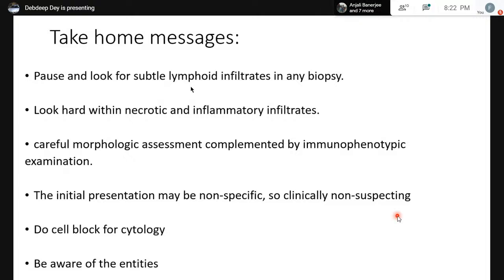The initial presentation may be so non-specific that the clinician might not be thinking, and if you are not aware of the different entities and the modes of presentation, you might not be thinking either. Like a small intestinal perforation. Do cell block for cytology and be aware of the entities.